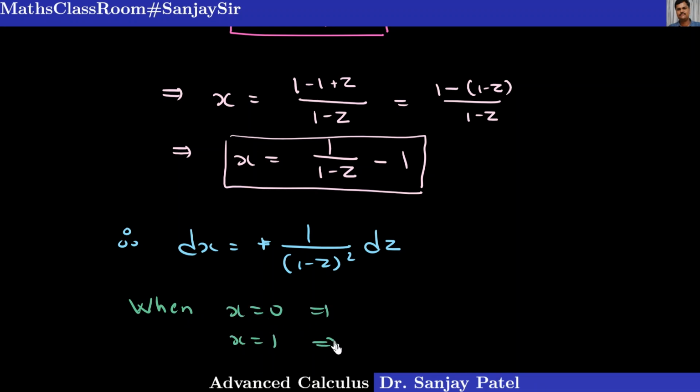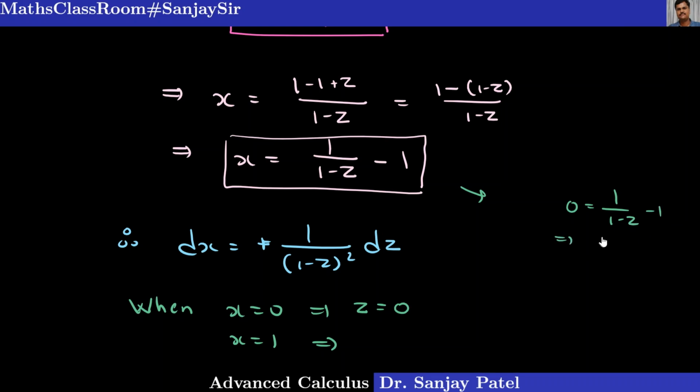Putting x equal to 0 here, I get 0 is equal to 1 upon (1 minus z) minus 1.